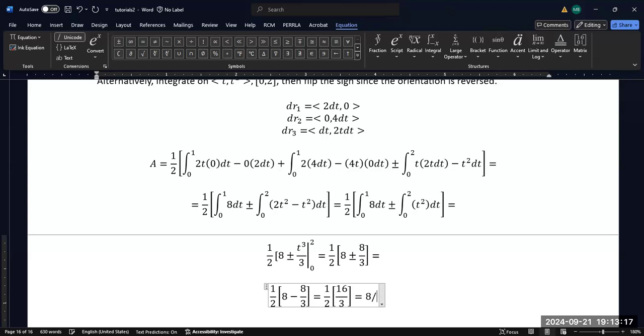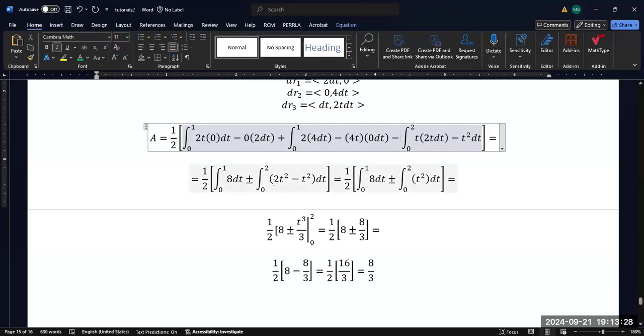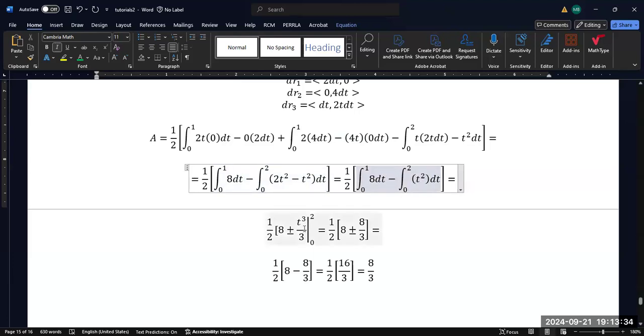And half of that is 8/3. And that does agree with our previous expectation from just regular calculus. So I'm going to go back and put in just the minus signs.